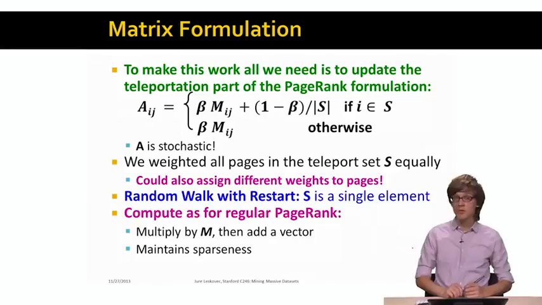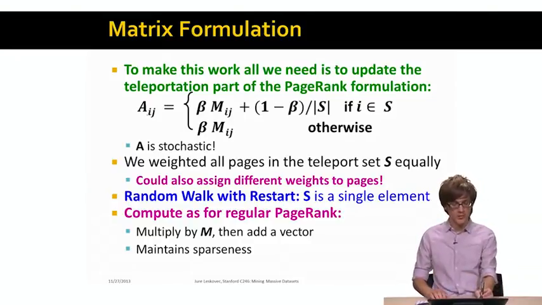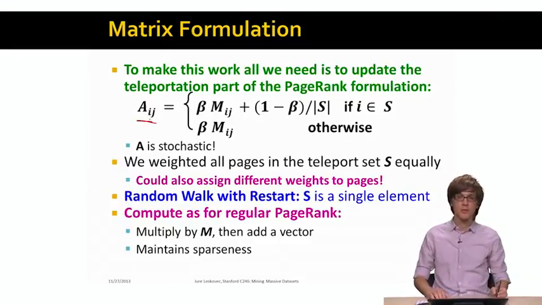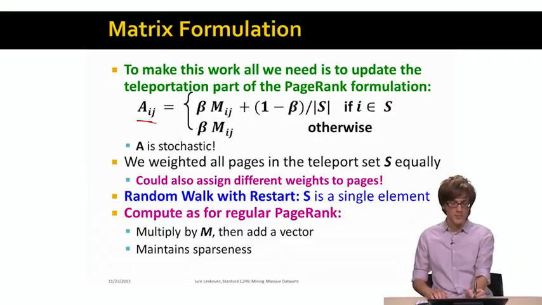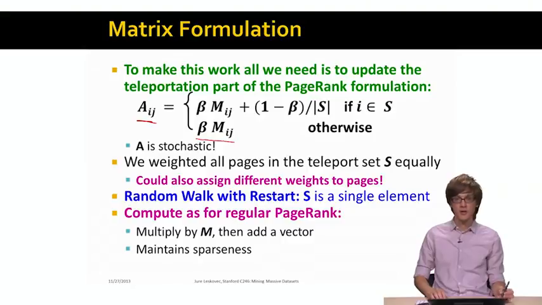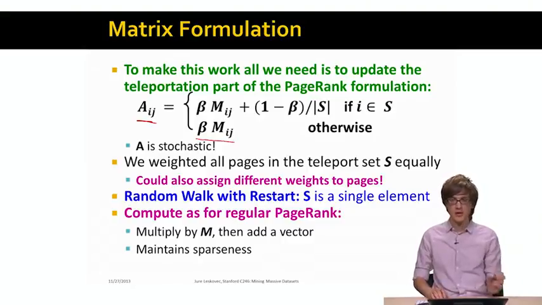So the way we do this is everything is still the same. All we need to do is change the formulation a bit. Everything still works. The only thing we do is change the definition of our matrix A to be the following. If the entry i is not in the teleport set S, then basically nothing happens. Everything is okay.